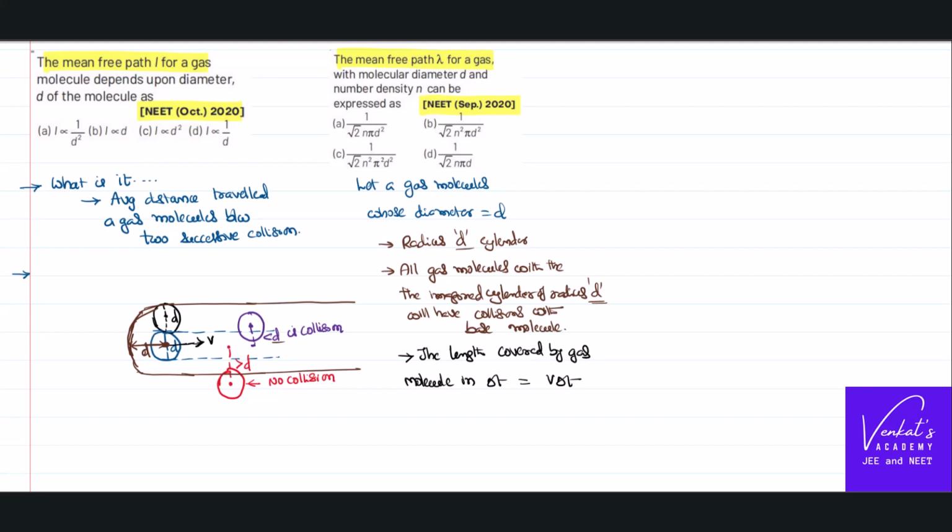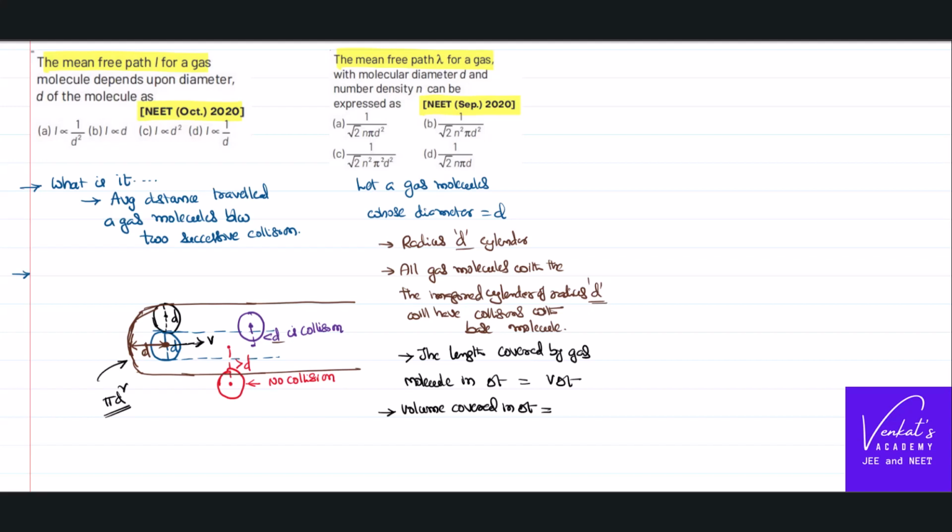Now let us also consider the volume covered by that gas molecule in delta t time. The volume of a cylinder is area of cross section into length, right? The area of cross section of this cylinder is pi d squared, because I have assumed that the radius of that cylinder is d.